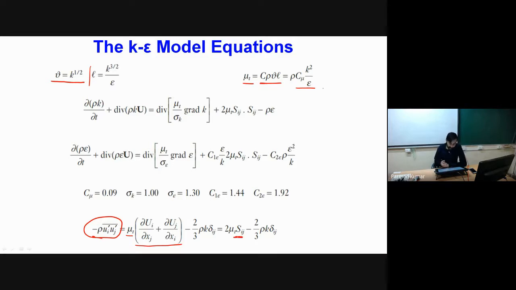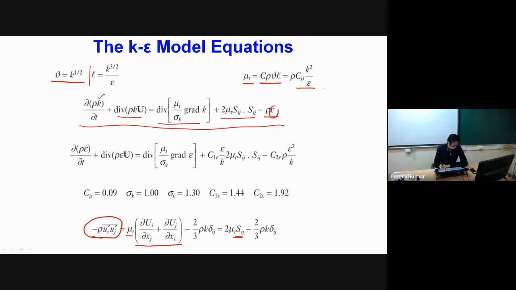So in my transport equation of the turbulent kinetic energy, wherever I have fluctuating components, I can replace them with the turbulent viscosity into the gradient of mean velocities. If I do so, this becomes my equation of turbulent kinetic energy, where we have the temporal evolution, then the convective part, this is the diffusive part, this is referred to as the production of turbulent kinetic energy, and this term is specifically called the dissipation of turbulent kinetic energy.